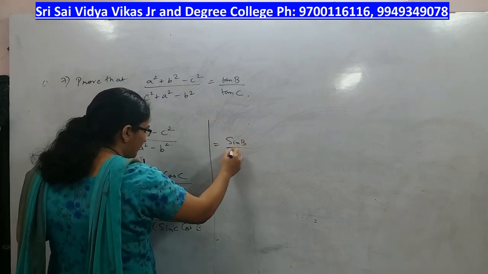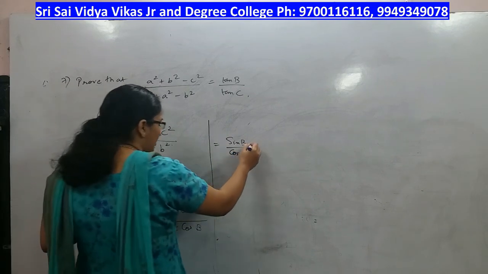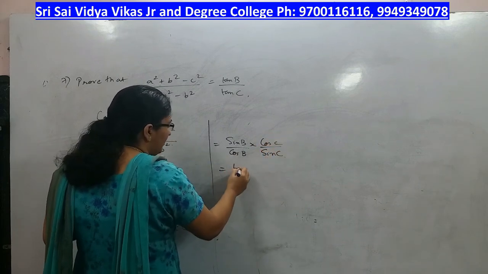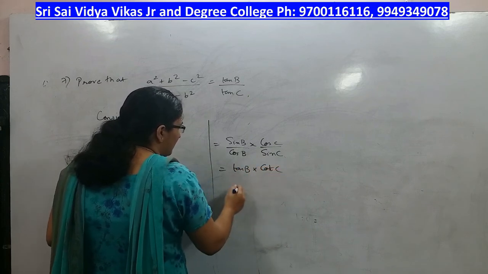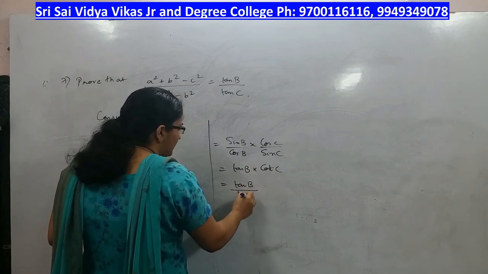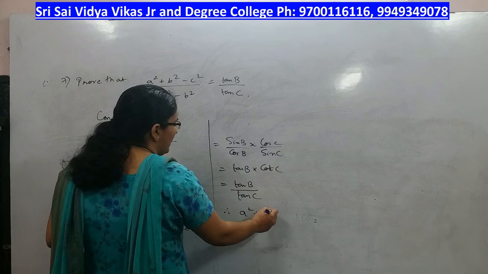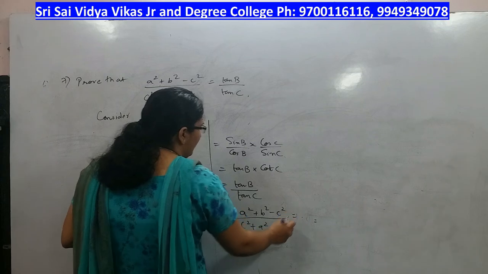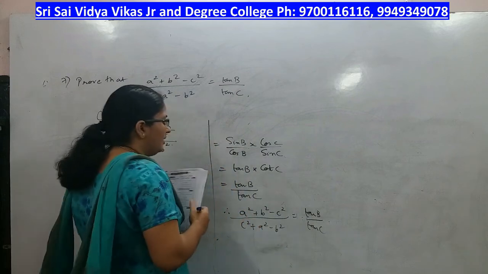Sin B by cos B into cos C by sin C. Sin B by cos B is tan B, into cos by sin is cot C, or tan B by cot C is tan B by tan C. Therefore a square plus b square minus c square by c square plus a square minus b square is equal to tan B by tan C. That is the answer.